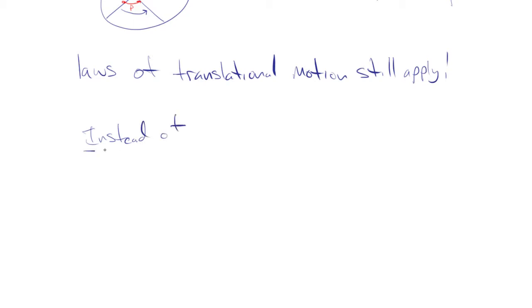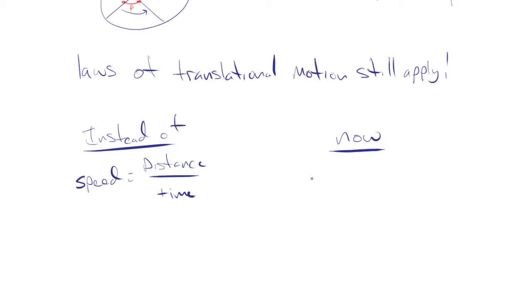So I'm just going to make a little table here. In translational world, we define things like speed, which is just distance over time. Well, now in rotational world, we still define things like speed, but we're going to call it angular speed.